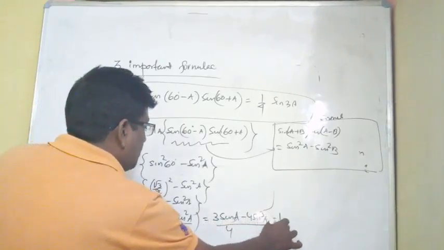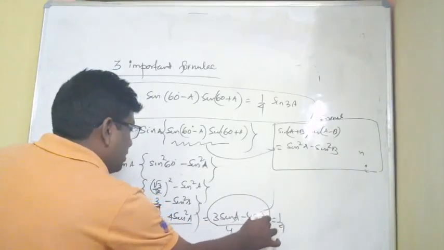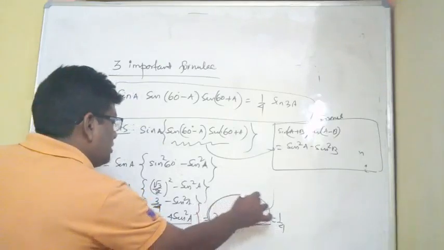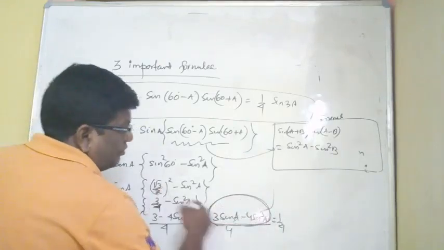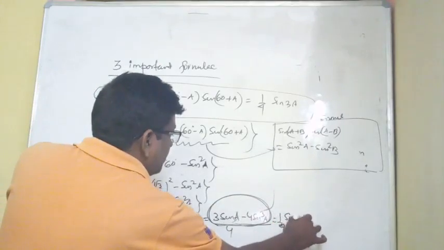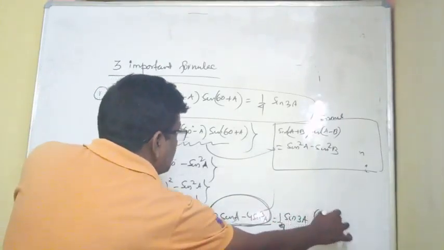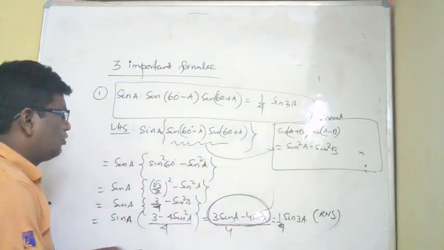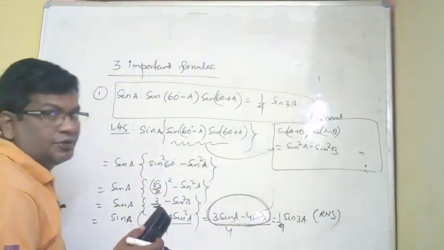We can write 1 by 4 of this, which is the formula of sin 3A. RHS, hence proved. Similarly, prove another formula.